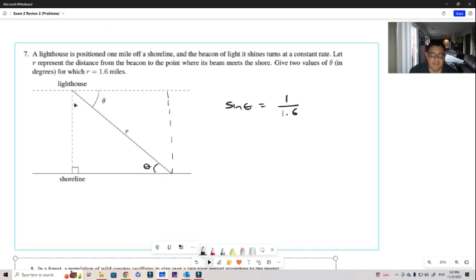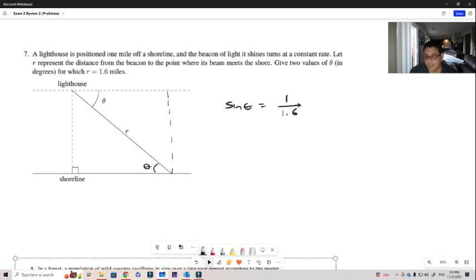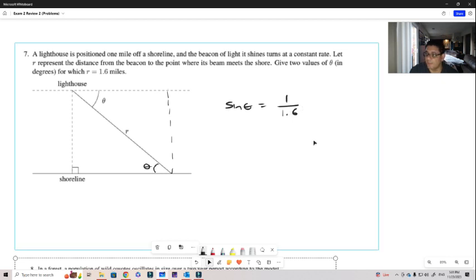This rate is 1.6 miles from this here, and this distance is 1 mile from the shoreline. So we have this 1 and we have this 1.6. So we can set up sine of theta being 1 over 1.6.